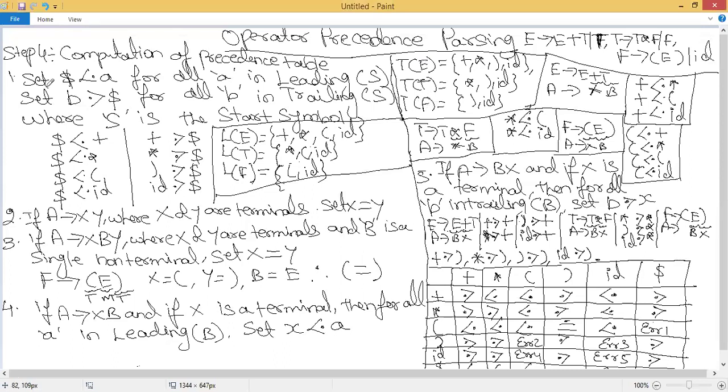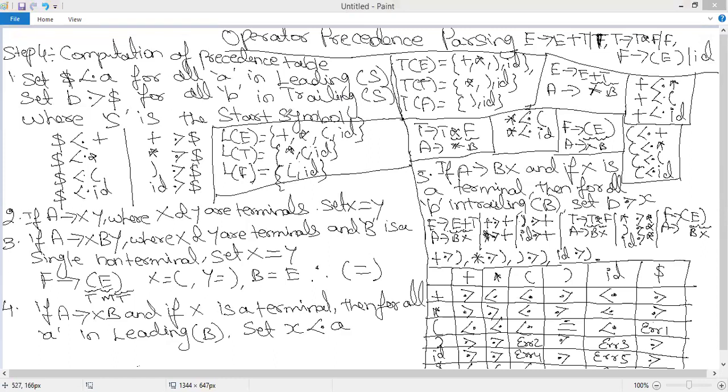The first rule is we have to set dollar less than A for all A in leading of S, and set B greater than dollar for all B in trailing of S, where S is the start symbol.